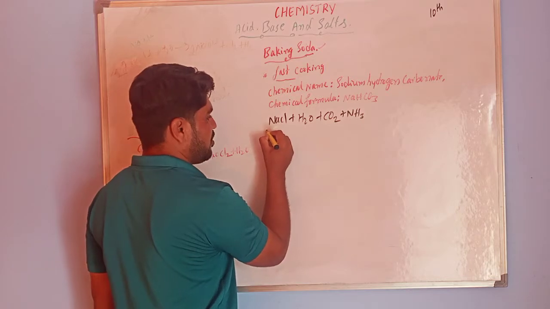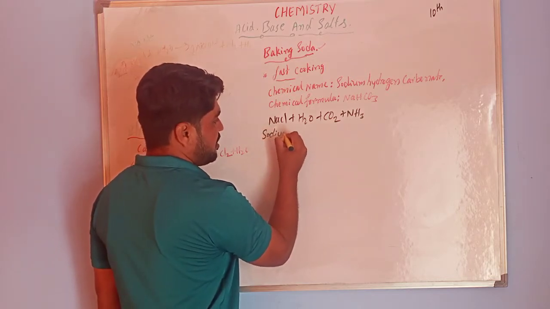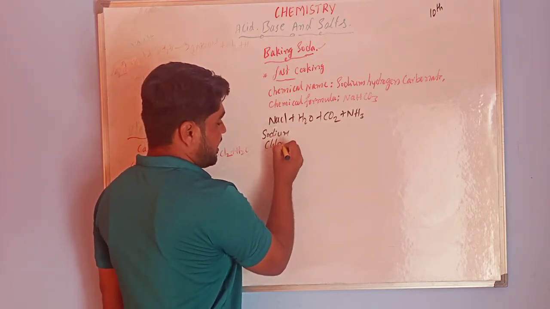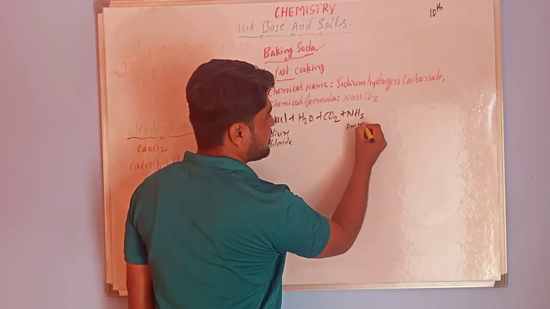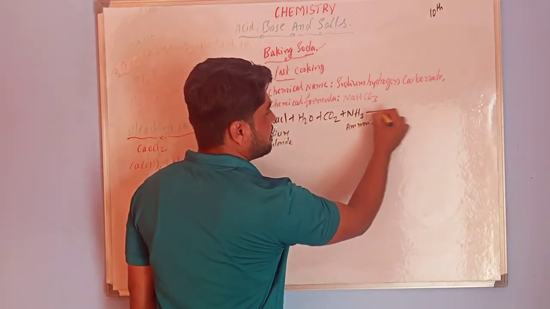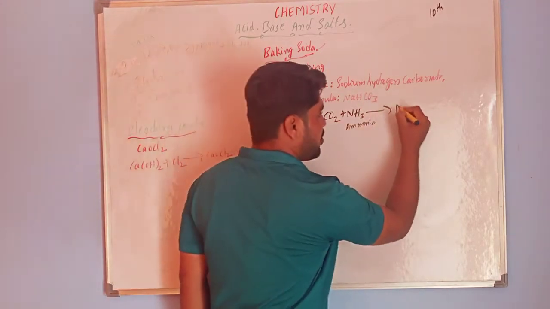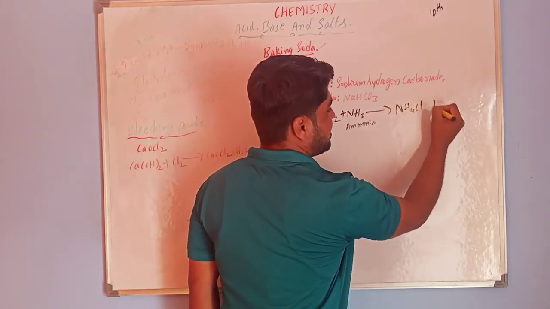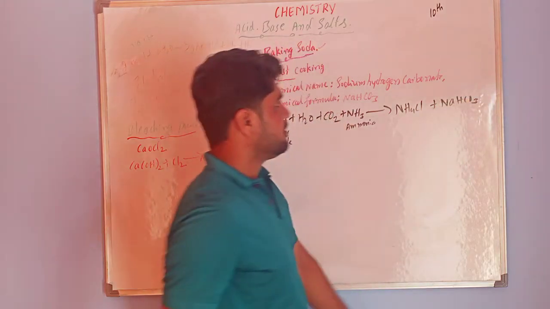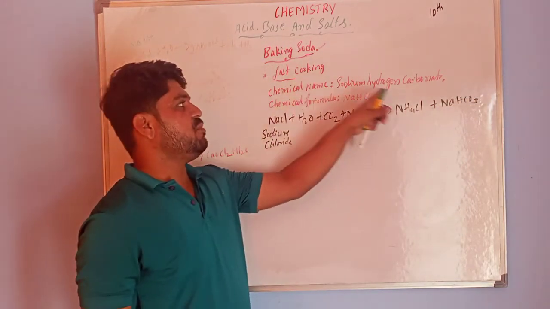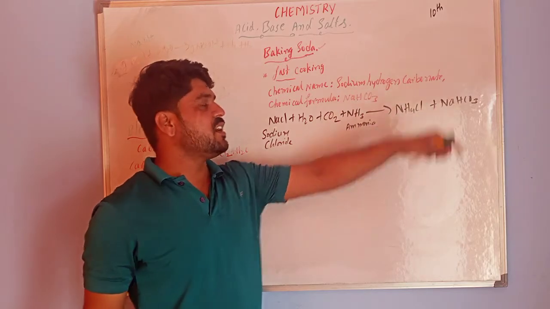This produces ammonium chloride, NH4Cl, and NaHCO3.